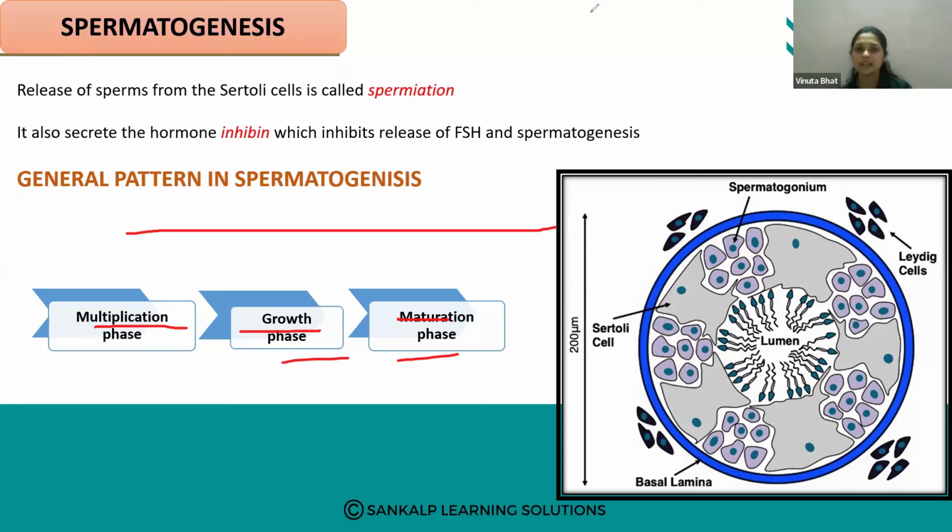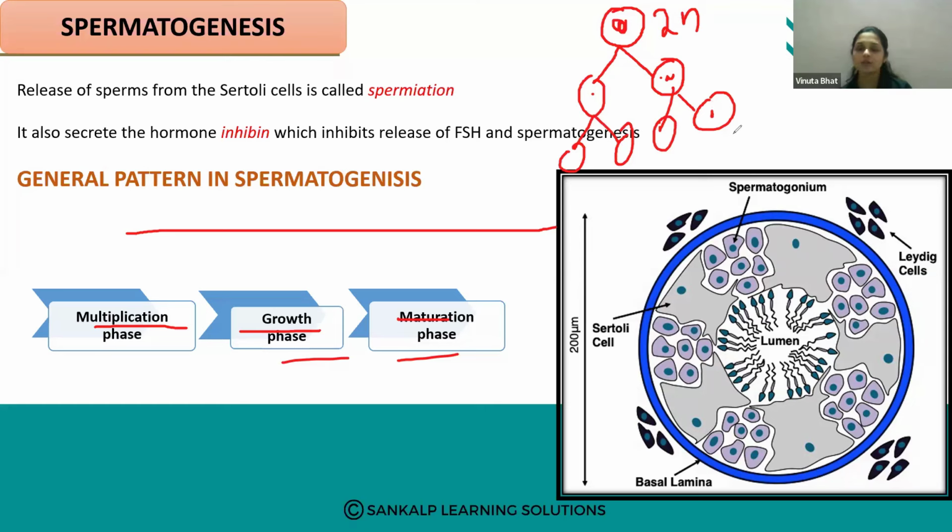Here the primordial cells or the spermatogonial cells, or spermatogonium, undergo mitotic cell division and increase their number. This spermatogonial cell is diploid in number and increases its number by mitosis.